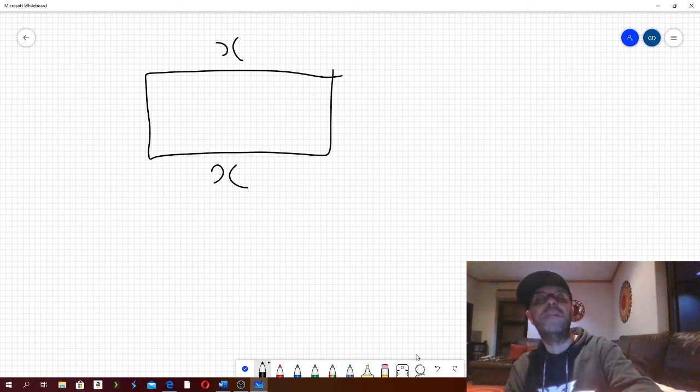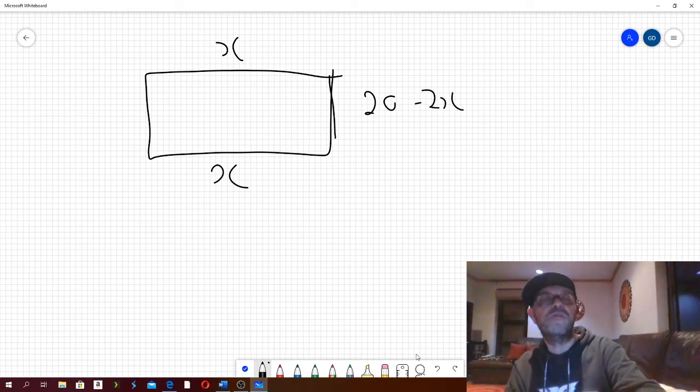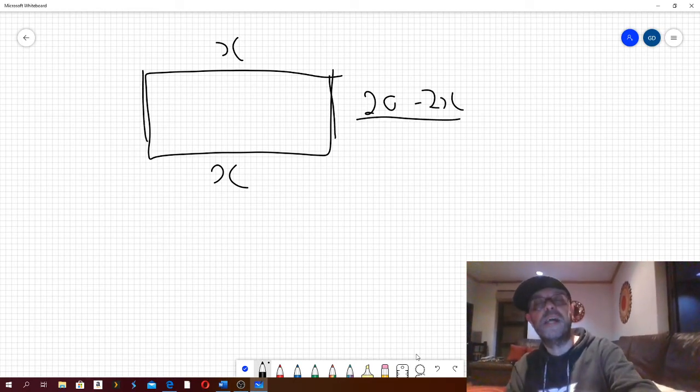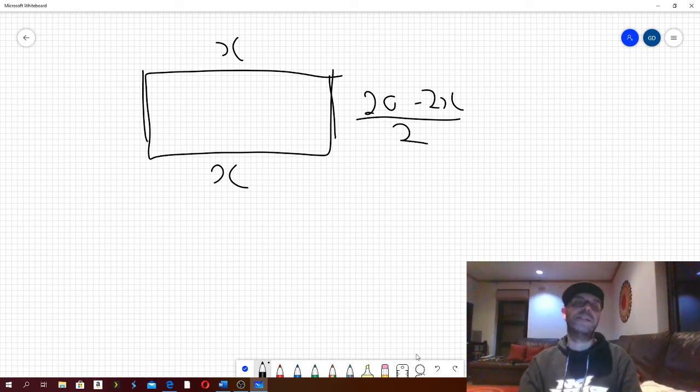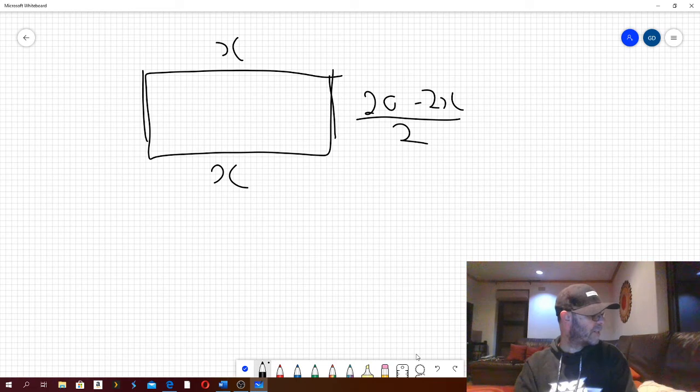Okay, but what will be the side over here? Well, we know we've got 20 to play with, so we've taken away 2x, so 20 minus 2x is left, and of course these two sides are all equal, so one of the sides will be half that length that's left. Okay, so there we've got our rectangle with its two sides. Now we must work out the area of this rectangle.